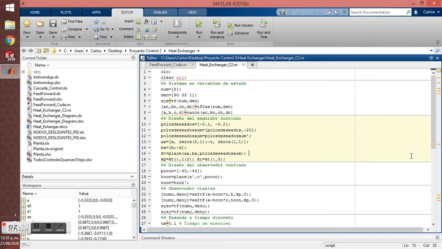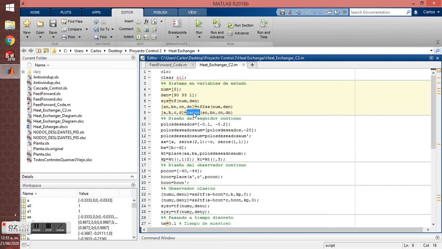Now, for the code part, the first thing is to convert our transfer function system to state variables, and for this we make use of the following lines of code. We can also diagonalize our system with the use of the canon instruction.